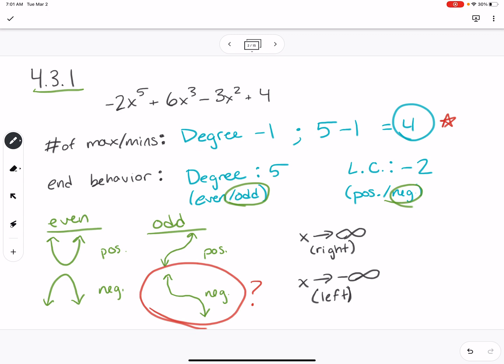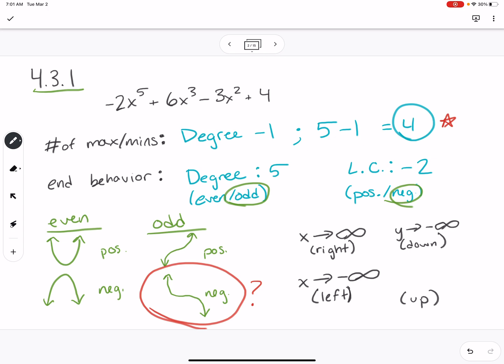On the right side of my graph, we can see that we are going down. And then on the left side of my graph, we can see that we are going up. Okay? So the way to write that with our notation is that if we're going down, we say y is approaching negative infinity.